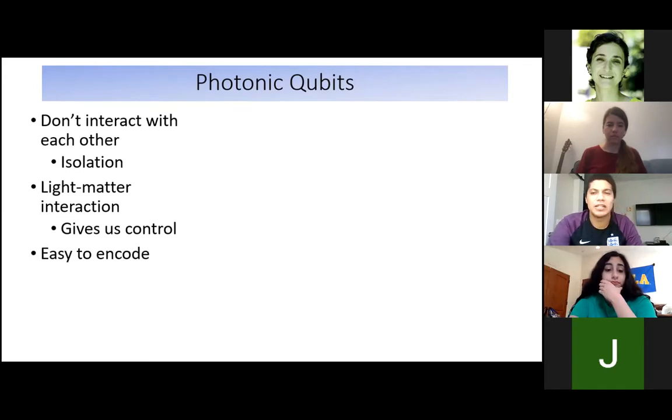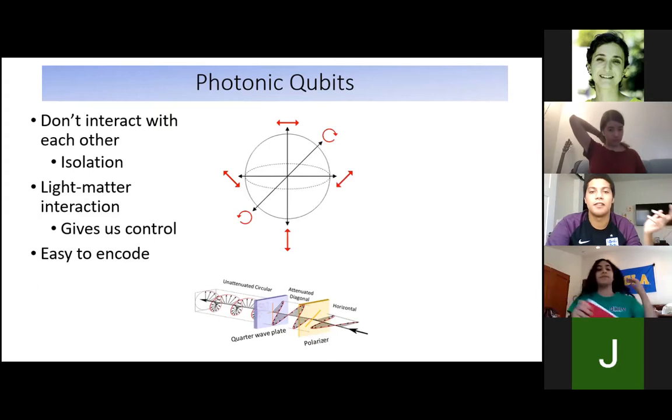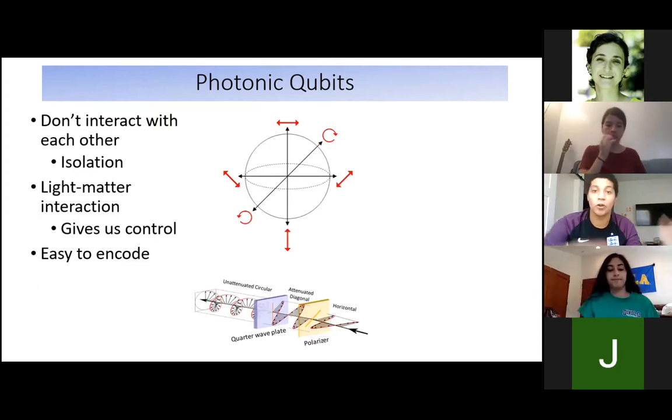And it's also easy to encode states into photons. Probably the easiest one to think of is polarization. What orientation is the electromagnetic field, or typically we choose the electric field, oscillating?